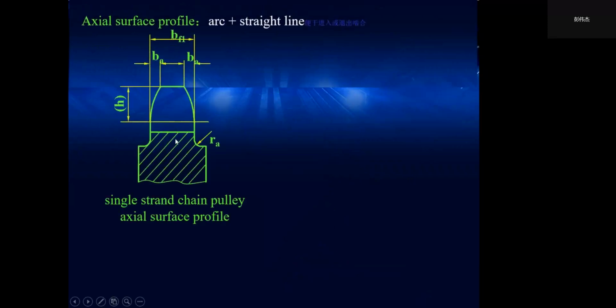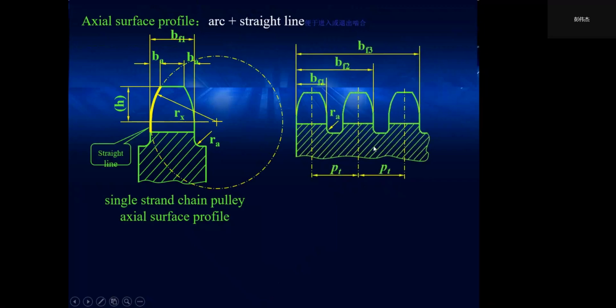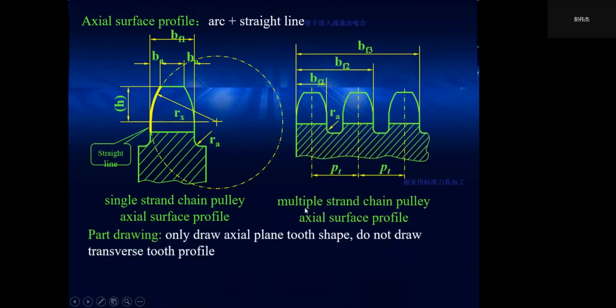And this is the actual surface profile, an arc plus a straight line. This is for a single strand chain pulley, and this is for a multiple strand chain pulley.